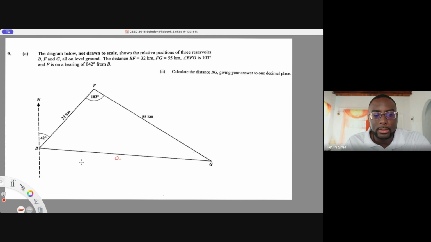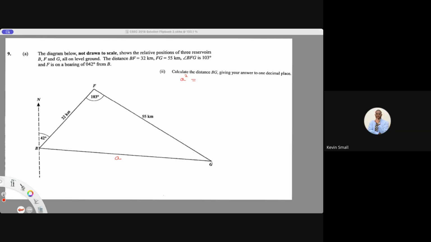So for those in the adult class who were there when they did cosine rule last week, this is the cosine rule to find this side here. Remember, the cosine rule is a squared equals b squared plus c squared minus 2 times b times c times cosine of the angle in the middle, which is 103.